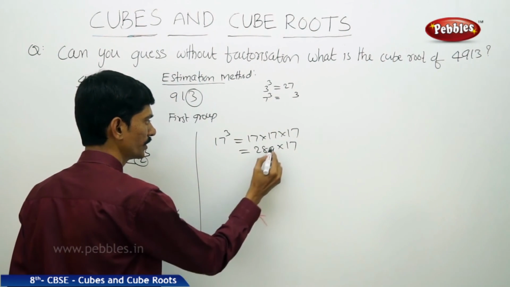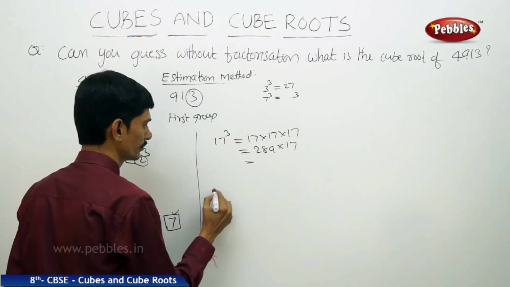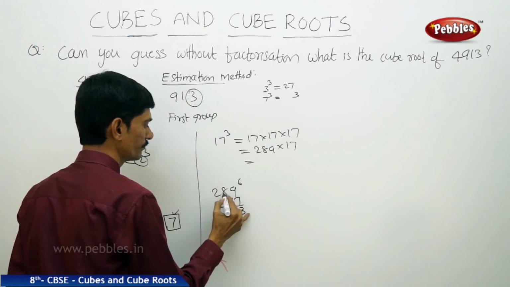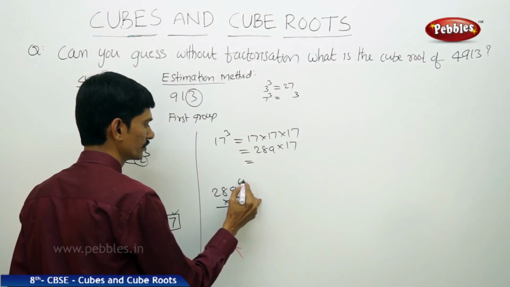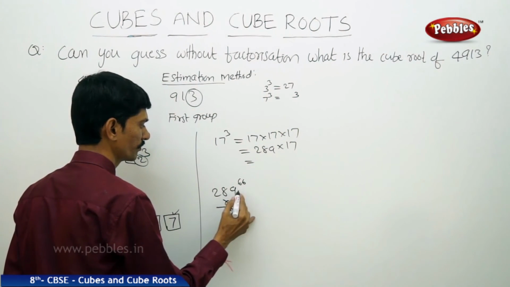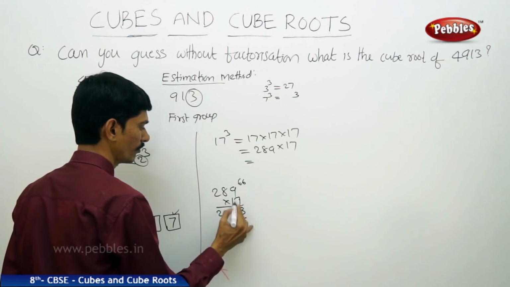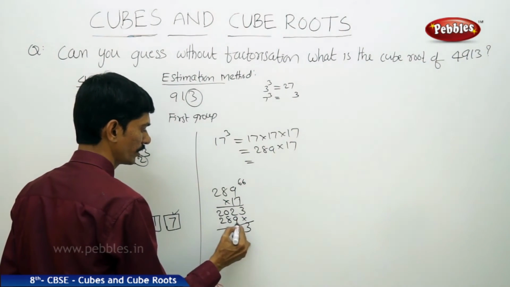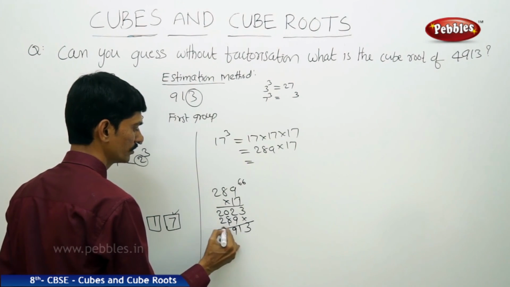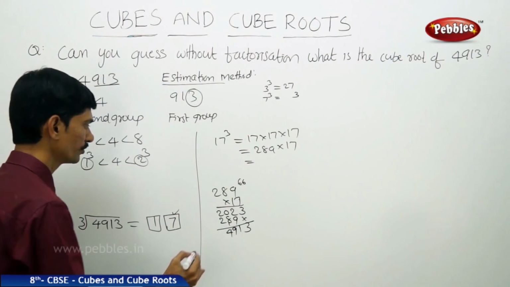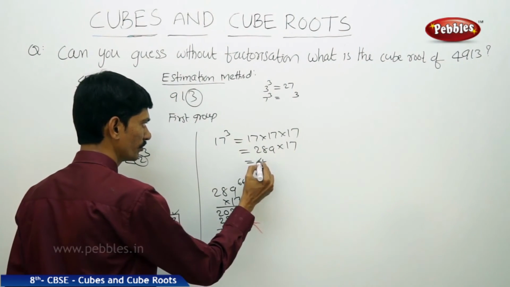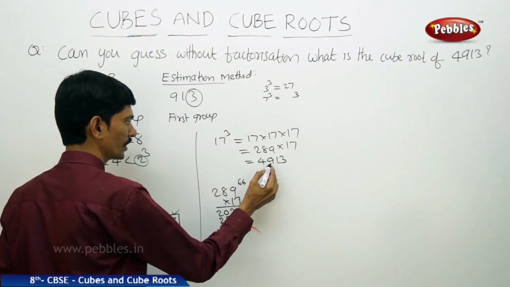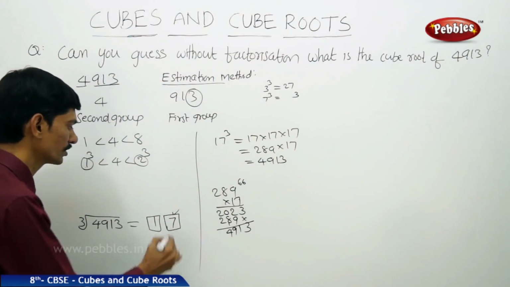Now we multiply 289 by 17. 7 9s are 63, 7 8s are 56 plus 6 is 62, 7 2s are 14 plus 6 is 20. Then 1 9 is 9, 1 8 is 8, 1 2 is 2. Adding: 3, 9 plus 2 is 11, 8 plus 1 is 9, 2 plus 2 is 4. So the cube of 17 is 4913. So the cube root of 4913 is 17. So this answer is correct.